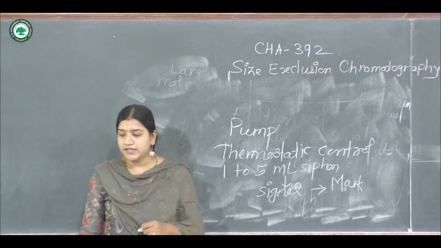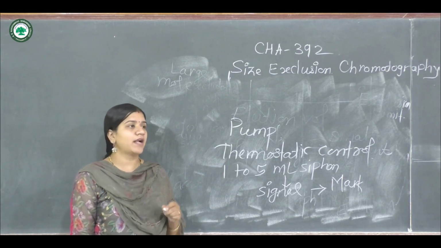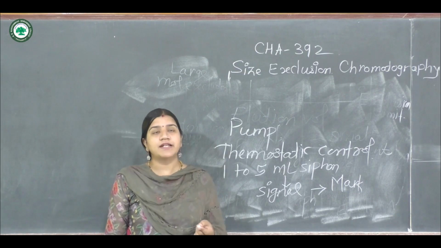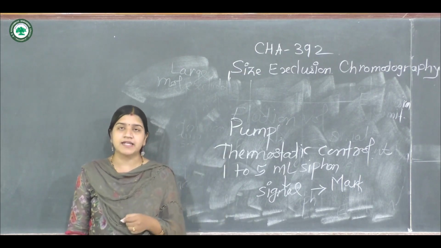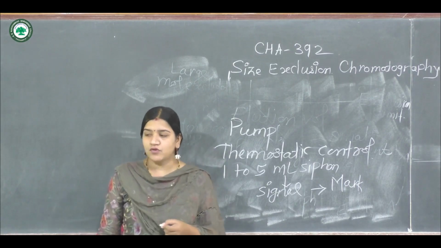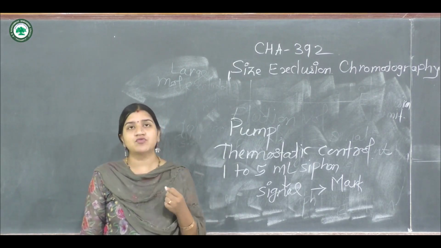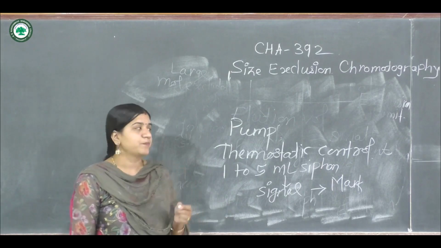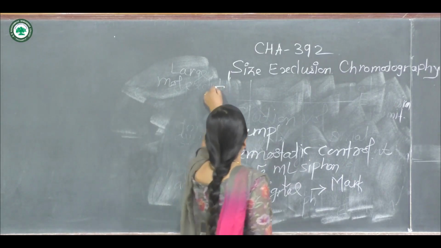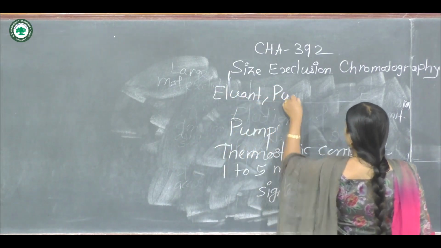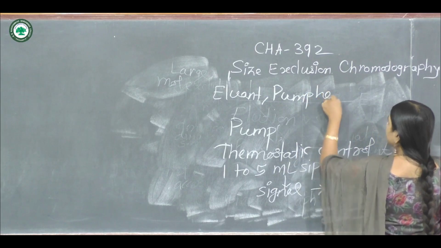And after determining the elution volume as well as the elution time, the elution time is a direct function, and therefore you just have to focus on the eluent, pump head and the column.